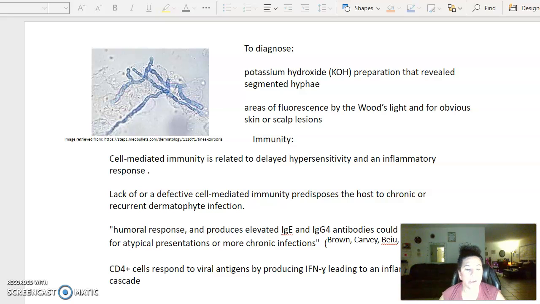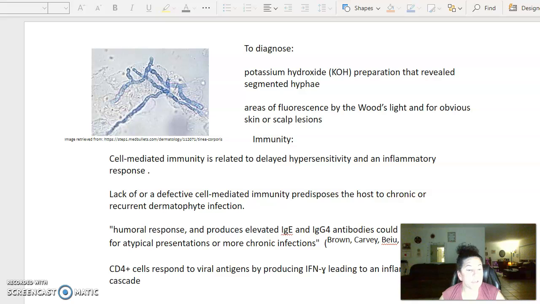A local wheal and flare reaction is the hallmark of the immediate hypersensitivity response, and it is unusual for an antigen such as T. rubrum to cause either reaction.